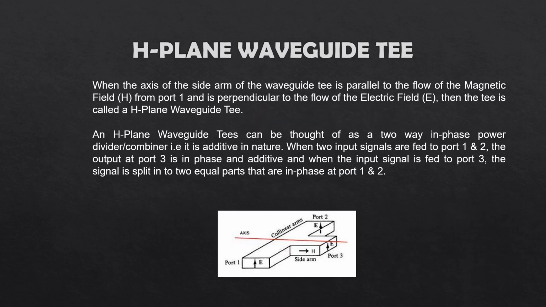H-plane waveguide T. When the axis of the side arm of the waveguide T is parallel to the flow of magnetic field H from port 1 and is perpendicular to the flow of electric field, then the T is called H-plane waveguide T. As you can observe, the arm with electric field and magnetic field.